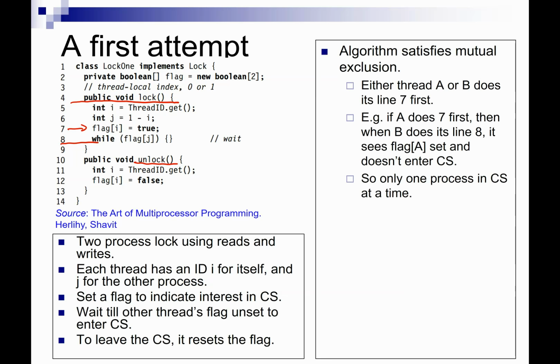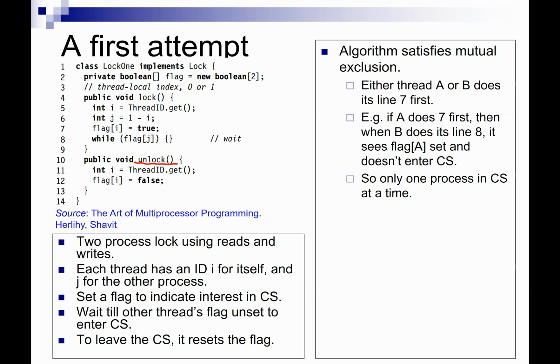It turns out that this algorithm is partially correct. It does satisfy mutual exclusion. To show this, suppose you have two threads A and B. If they want to get into the critical section, they're going to call the lock algorithm, and they're both going to do line 7.